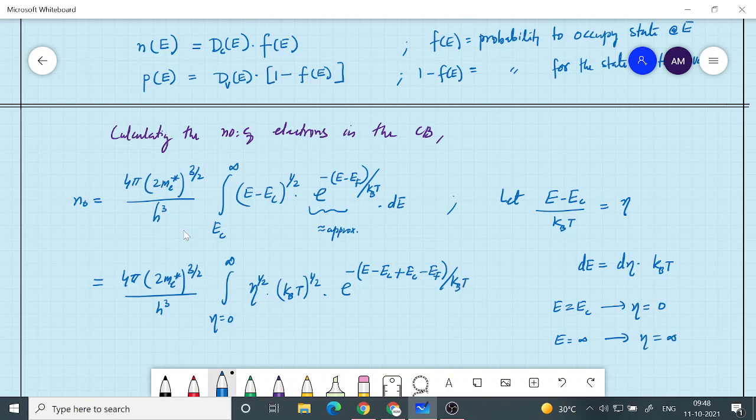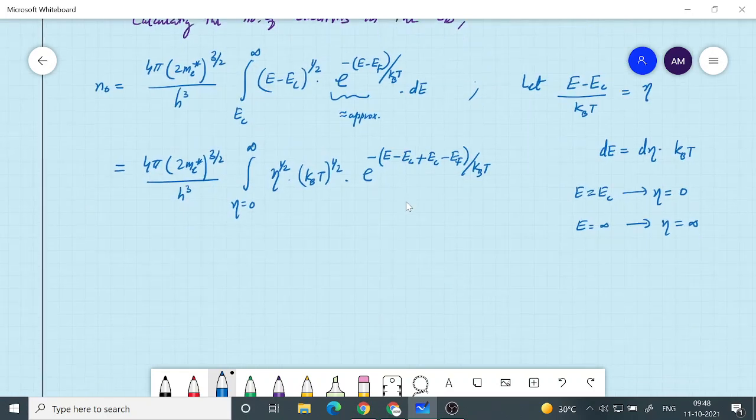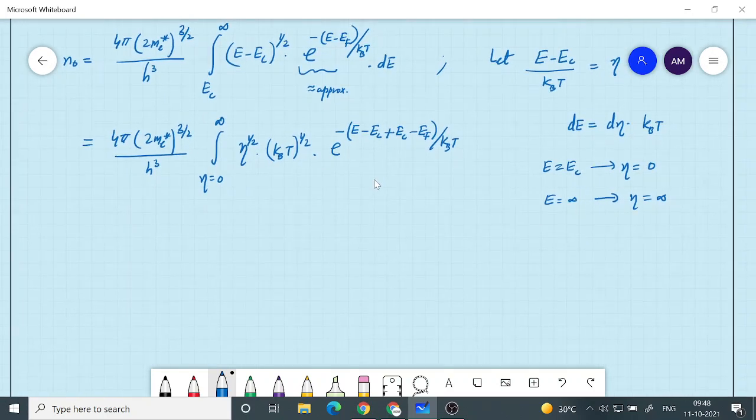When I write like this, then (E minus EC) by kBT, I can now call it eta. Let me write it on the side. What I am doing is writing that term as (E minus EC) plus (EC minus EF), that was the earlier term, by kBT.